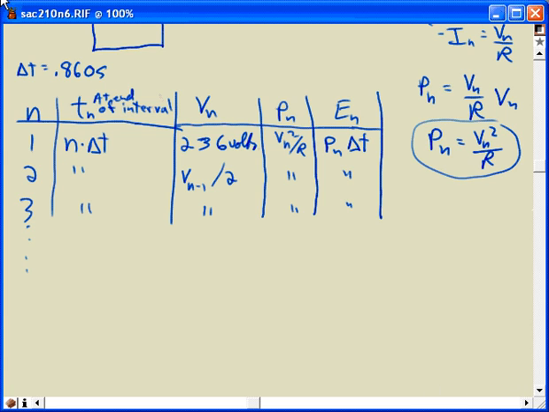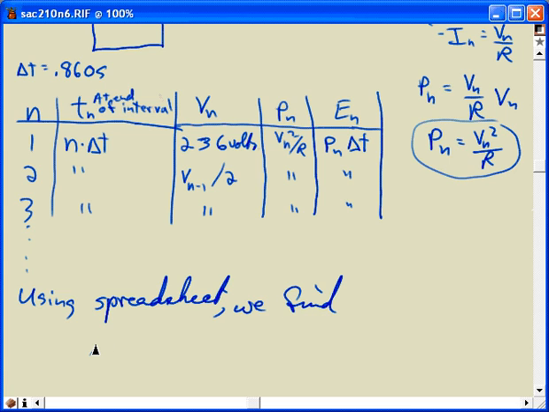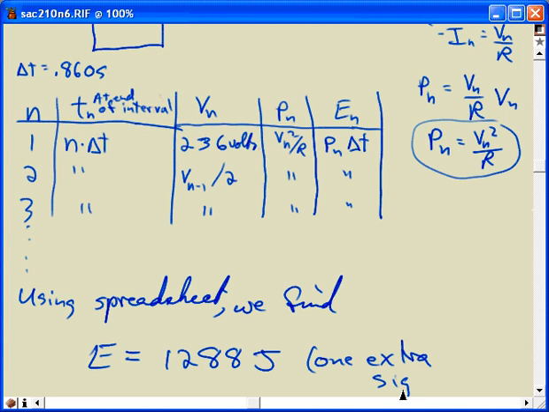We'll say, using spreadsheet, we find E equals 1288 joules, and I think that's good to 1 extra sig fig.